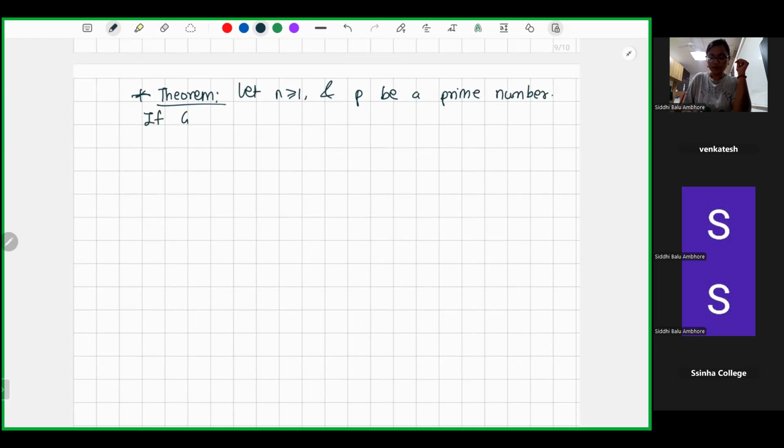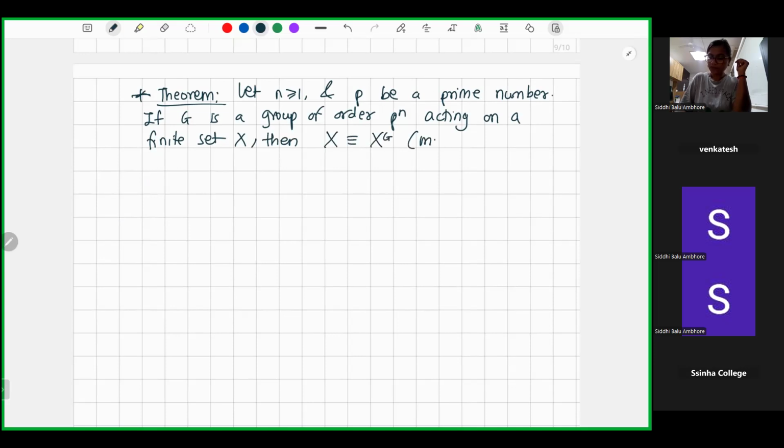If G is a group of order p power n acting on a finite set X, then the cardinality of X is congruent to the cardinality of X^G mod p.